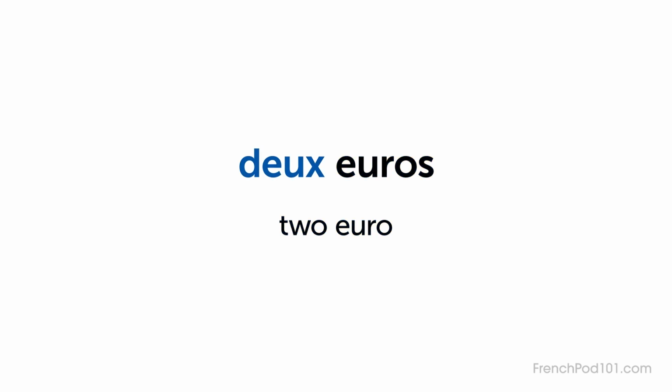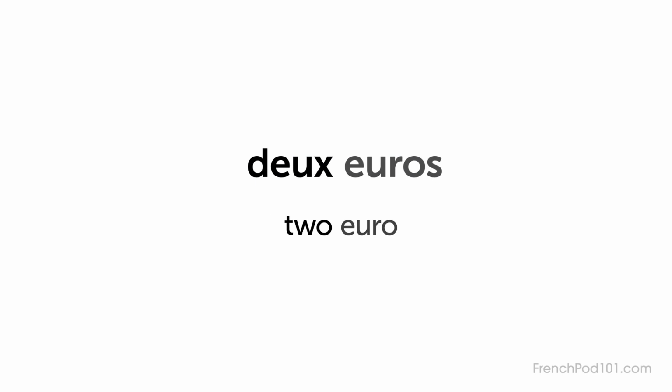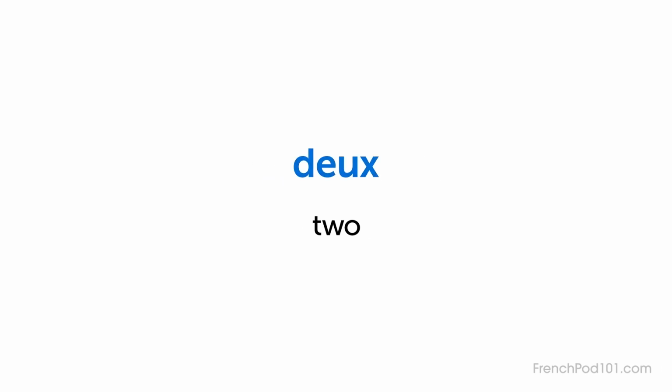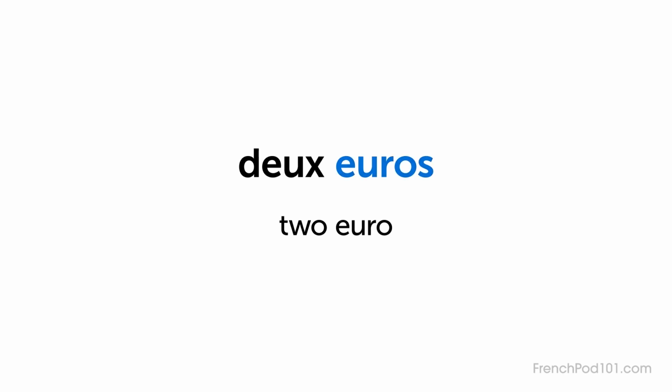First is 2. Next is Euro. euro, the name of the currency. Note that there is an S to indicate the plural form, but the S is silent. Together it's 2 euros. €2.